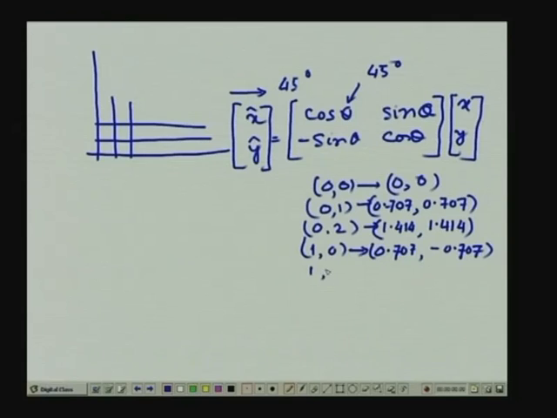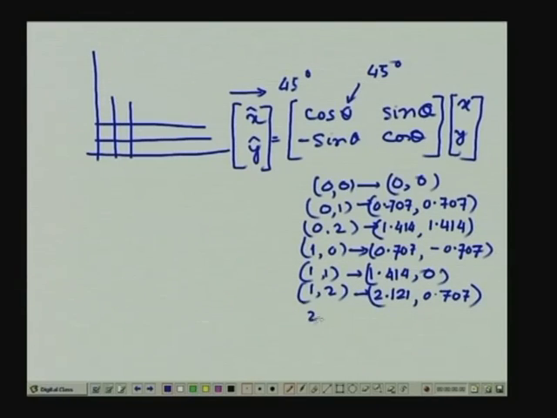Location 1 1 will be transformed to 1.414 and 0, and location 1 2 will be transformed to 2.121 and 0.707.